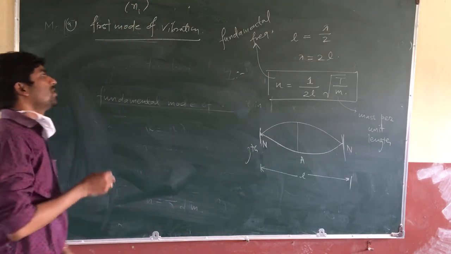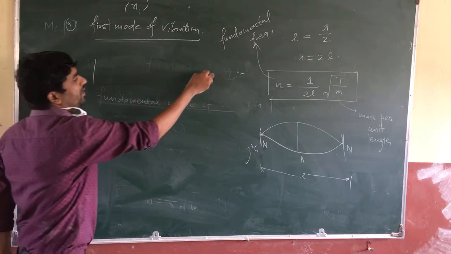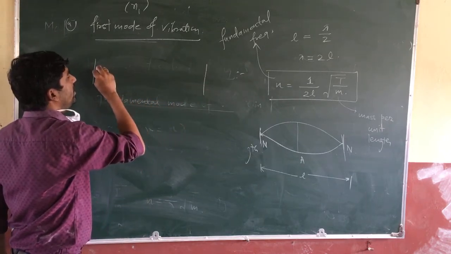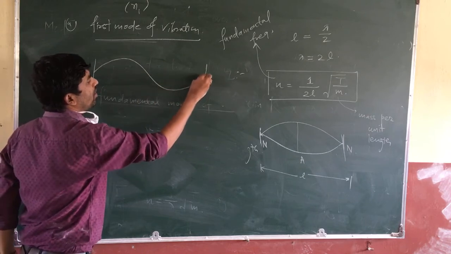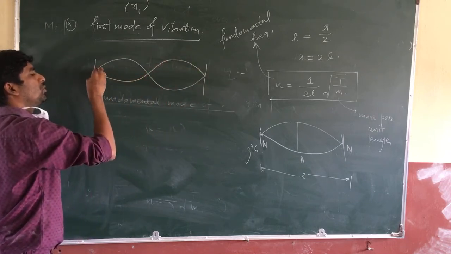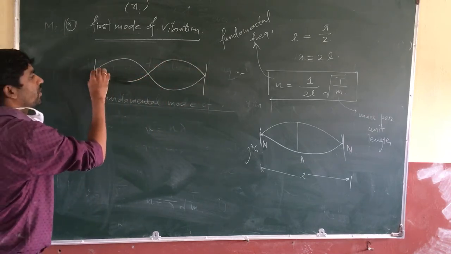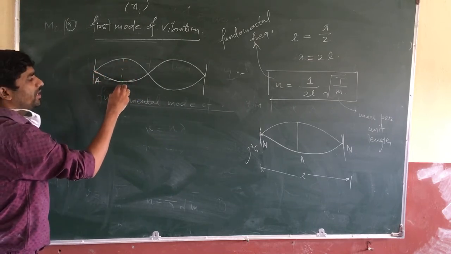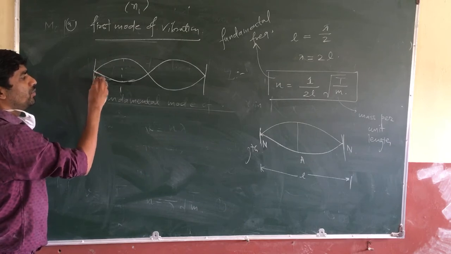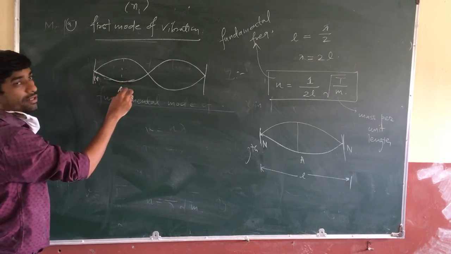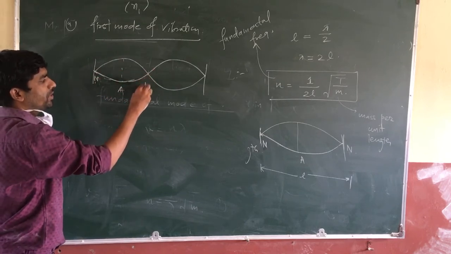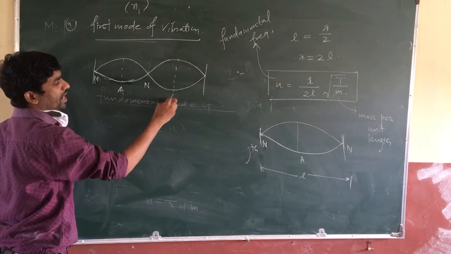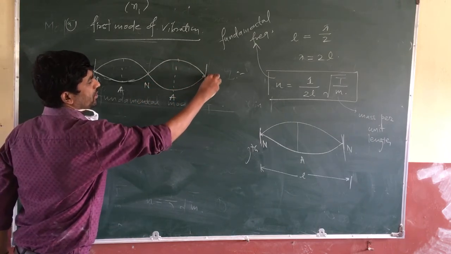N. First mode of vibration means the string is bounded at both ends, and there is a formation of two loops. At this point there is an antinode, at this point a node, then an antinode, here a node, and at this point an antinode, and here a node.